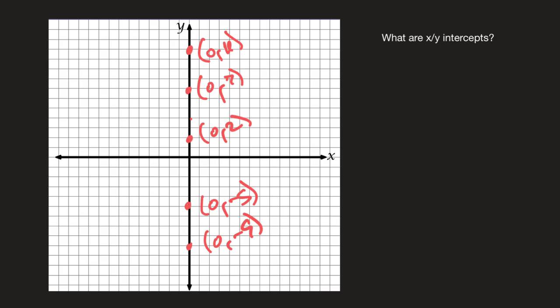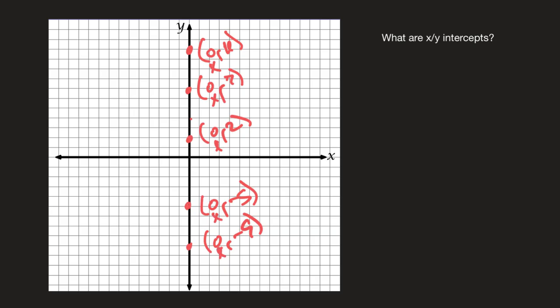Now, anywhere along that y-axis, what do you notice? What's common in all those ordered pairs? For which coordinate? The x coordinate, okay? If you look right here, every x coordinate is 0, okay?